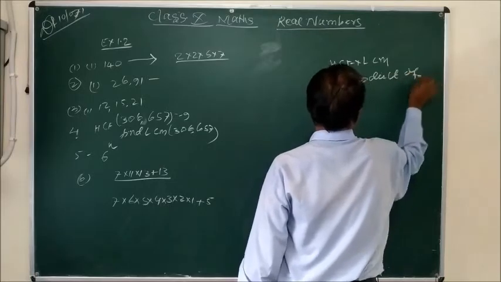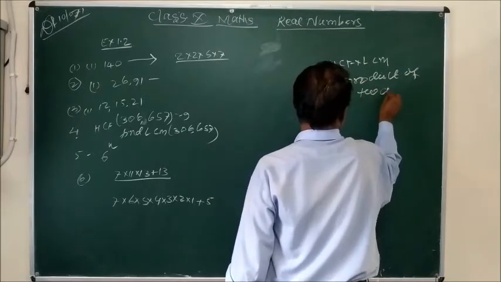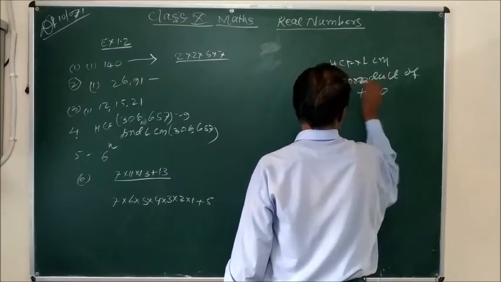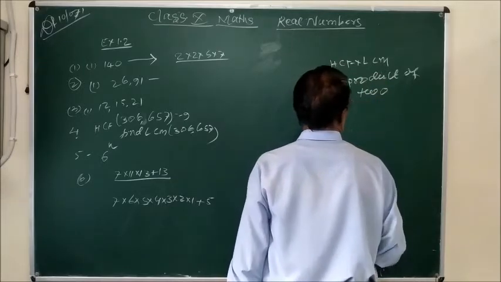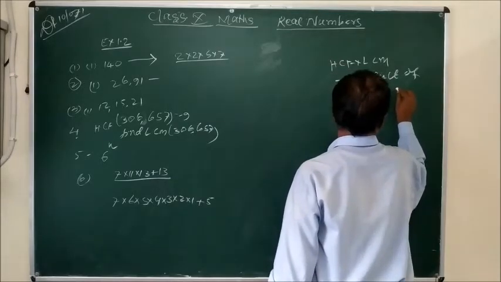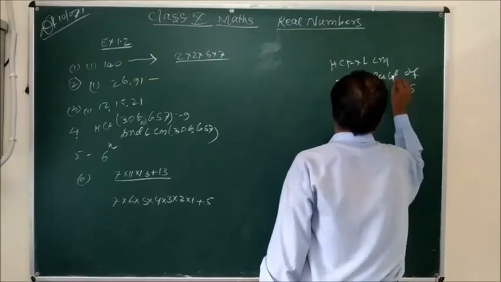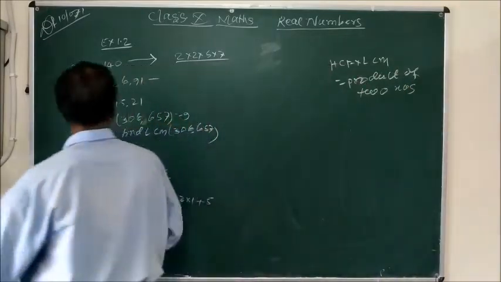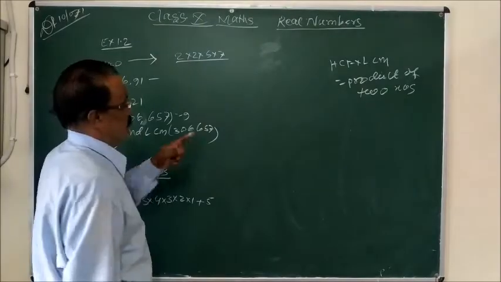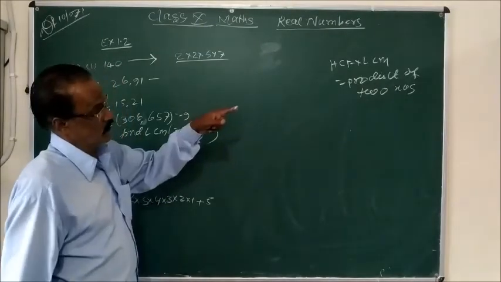This is true for only two numbers, not more than 2. So this rule is applicable for only 2 numbers. So you have to find the HCF, also you have to find the LCM, and verify this rule.